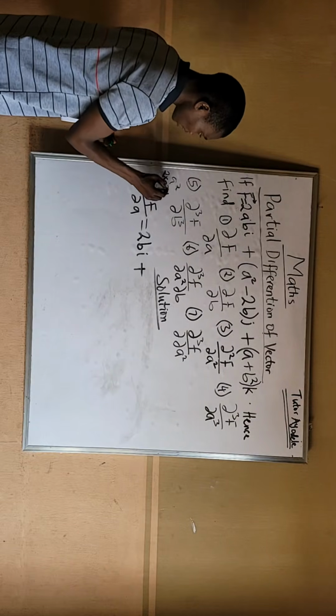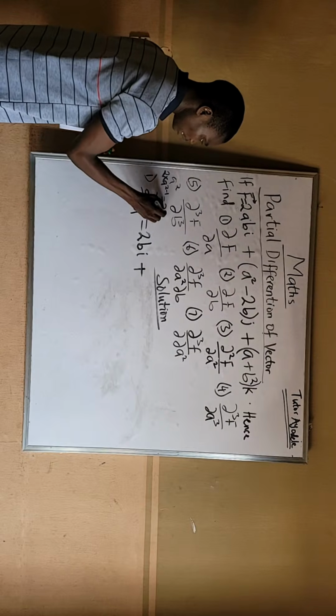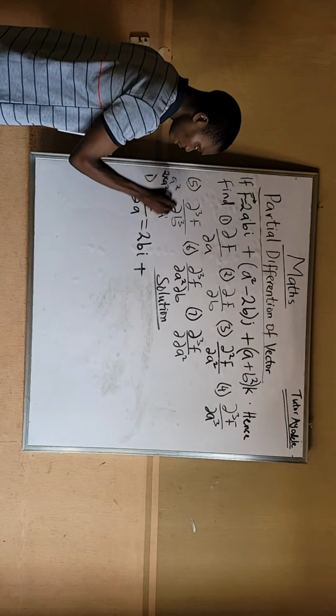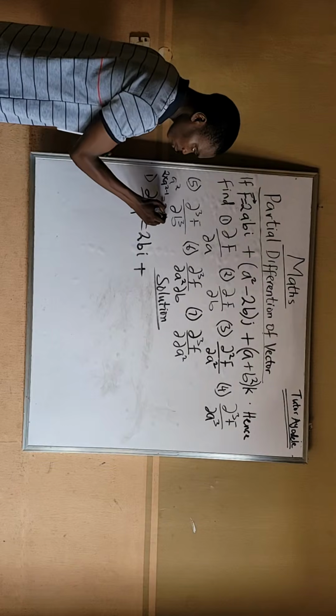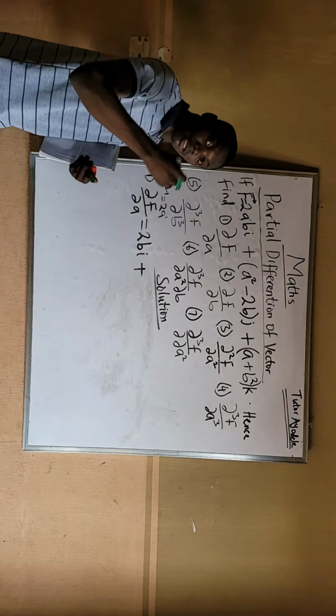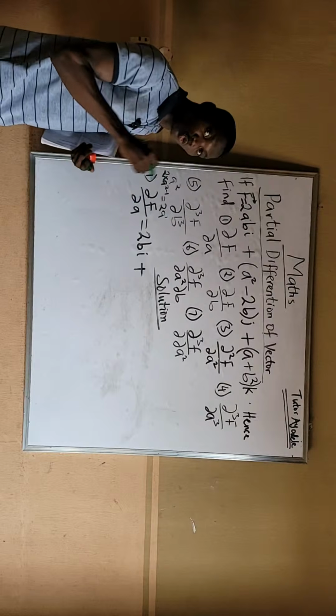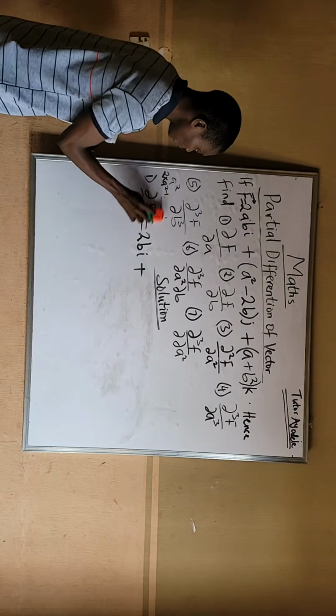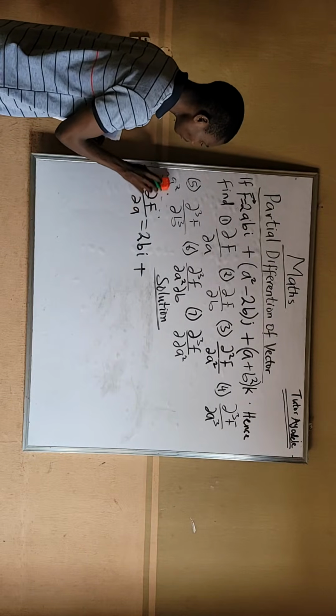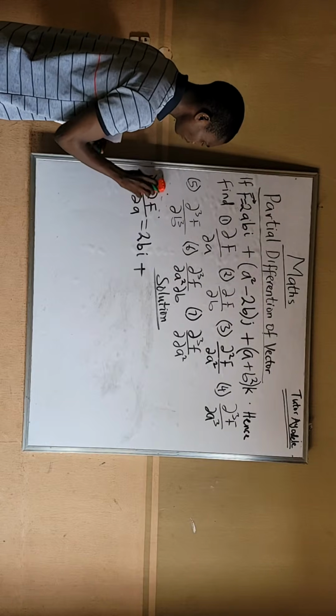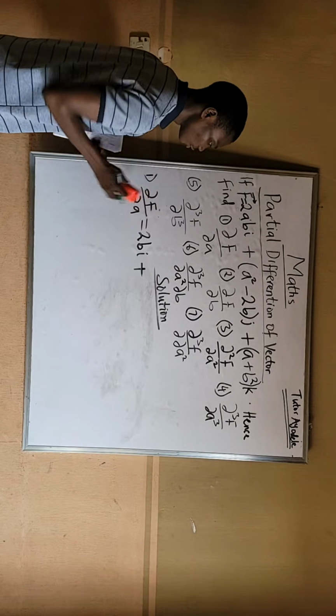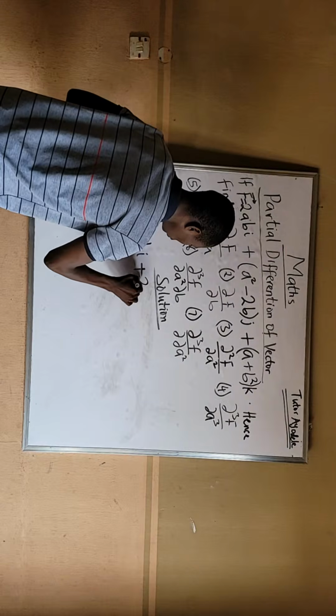So 2 minus 1 will be 1, and 2 times a raised to the power of 1, which is the same thing as a. So this will give us 2a. Take note of that.